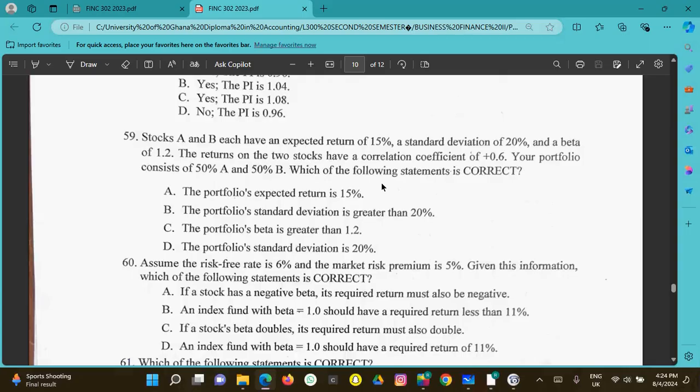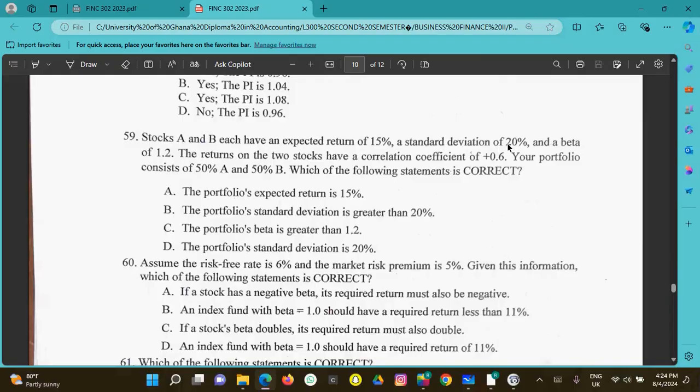So basically, A is saying that the portfolio is expected to return 15%, because since it is 50%, 50%, we're expecting 15% here. Portfolio standard deviation is greater than 20%? No, it's not greater than 20%, as we are seeing here.